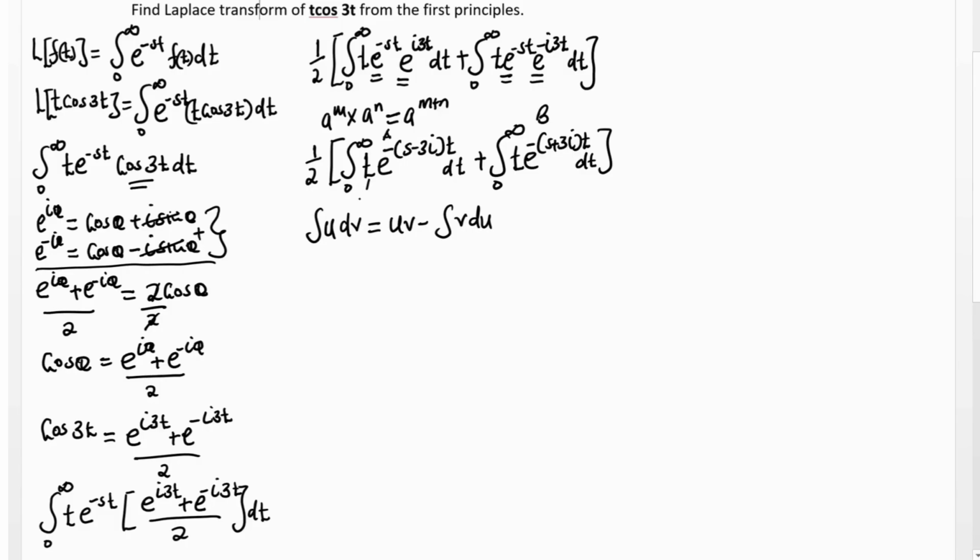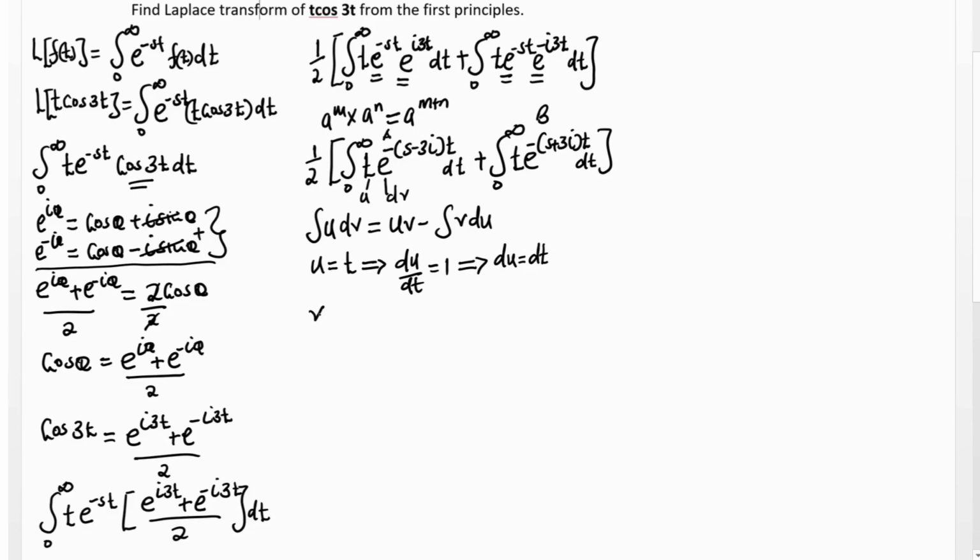So t is equivalent to u, and dv is the same as e raised to minus s minus 3i t. Therefore, u equals t, du/dt is the same as 1. It follows, therefore, du equals dt.